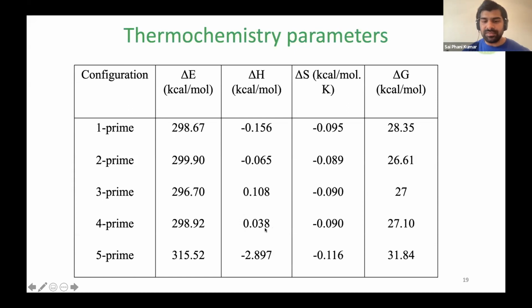So we must question the 4 prime. If I got a continuous or drastic change in the thermochemistry properties, then I would have definitely questioned my system, that there is something different between these combinations. But I see these are reasonable structures to start with.